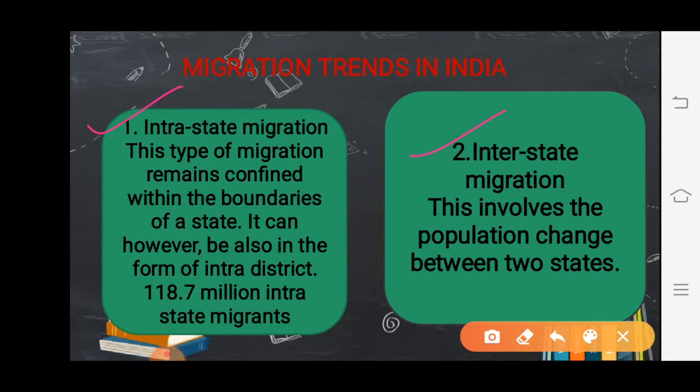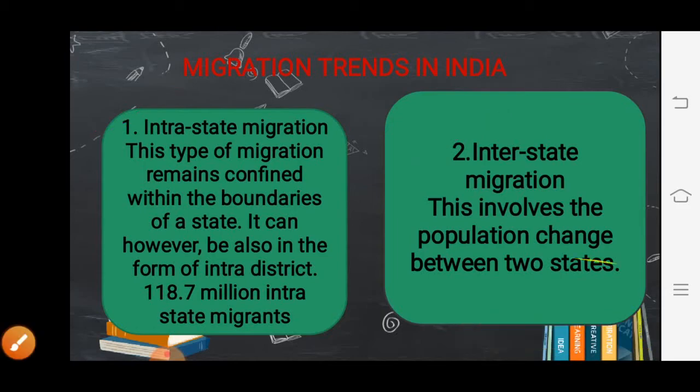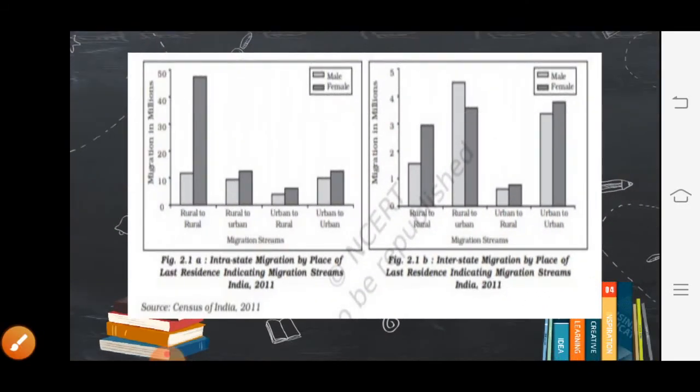In order to understand intrastate and interstate migration, we have a multiple bar diagram which will clear out the migration trends of India. In intrastate migration, it was found that females have migrated in larger numbers because of marriage. Let us see the first multiple bar diagram on the left hand side of your screen.